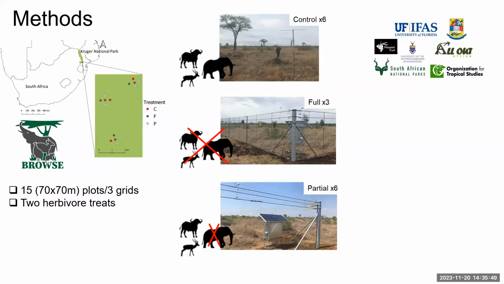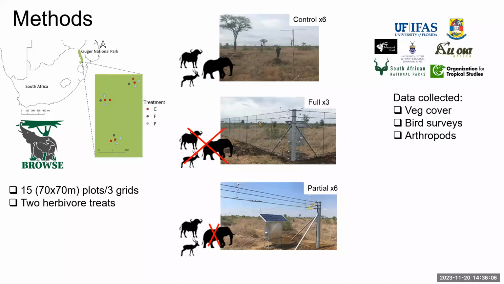It has 3 plots that exclude all large herbivores, from a hare to the largest, the tallest herbivore out there. And there are 6 plots that are set aside as control.